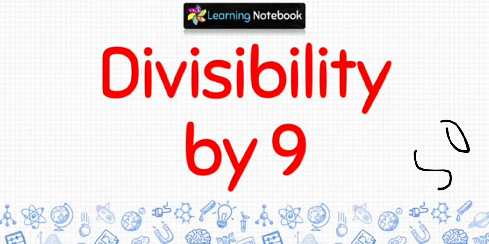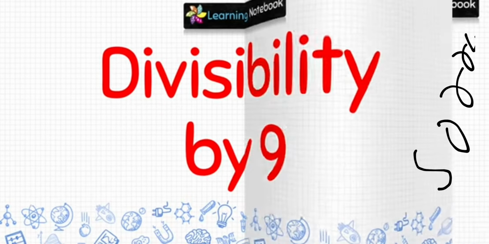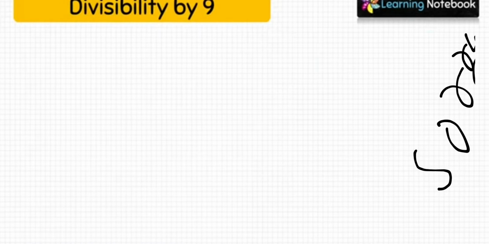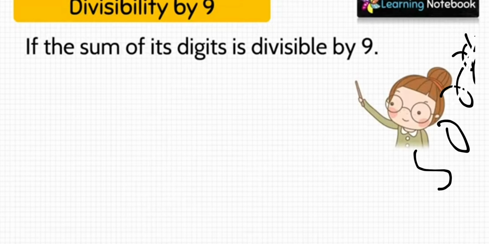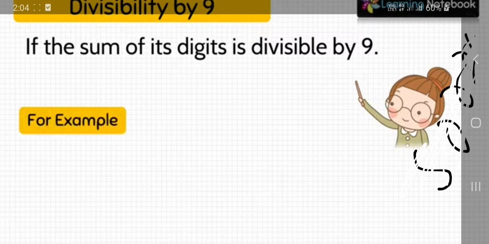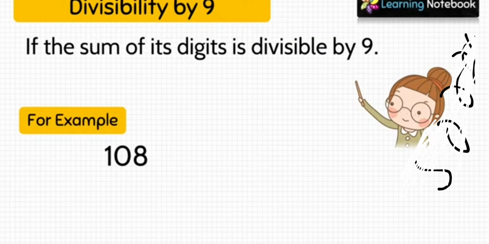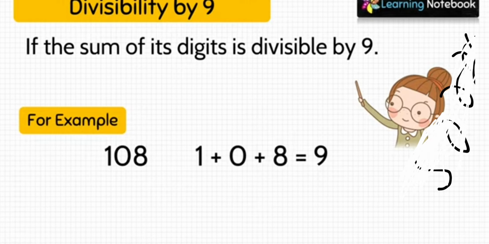Next is divisibility by 9. Students, this is similar to divisibility by 3. Here we will check if the sum of its digits is divisible by 9. For example, 108: the sum of its digits is 1 plus 0 plus 8 equals 9, which is divisible by 9.